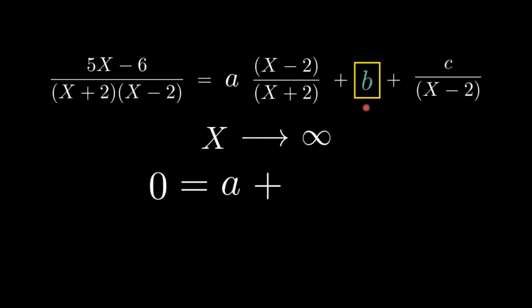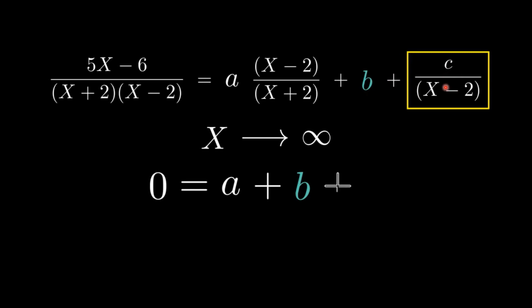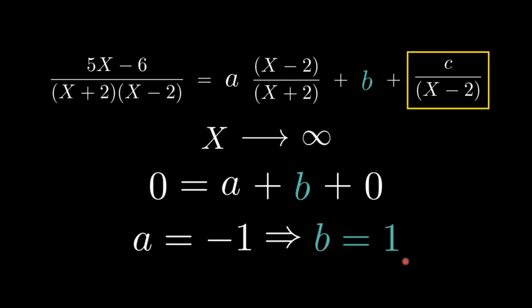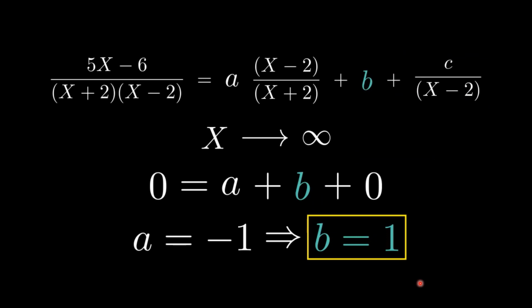Here b is constant, so its limit is b, and c over infinity is 0. We know that a is -1, so b equals 1. So we find b by the second method. But you can choose the easiest method you like.